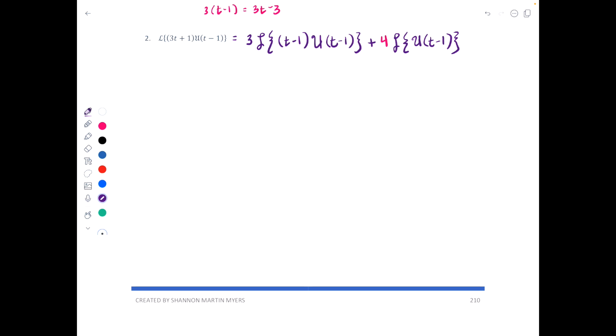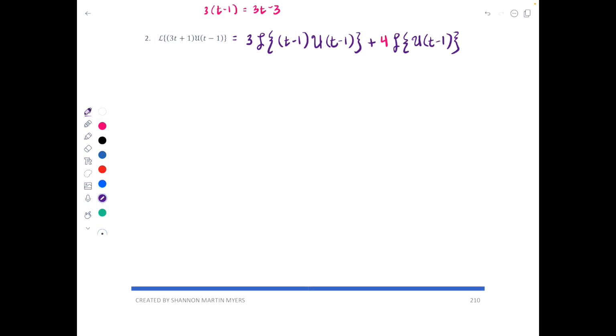Cool so far? So we're doing the same thing that we had done. We just need to break it up and match the t minus 1 in the unit step function with our t minus 1 in the function. So here we go.